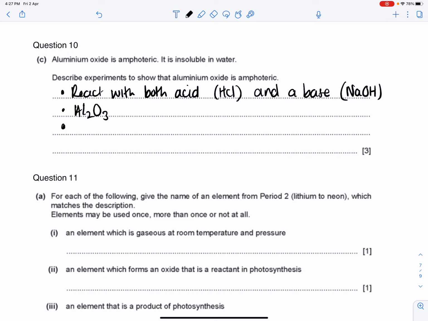Never commit to a formula unless you're absolutely sure. You can always write aluminium oxide because you're not getting any marks here for formula. It's not a formula question. So aluminium oxide will react and dissolve in both beakers.